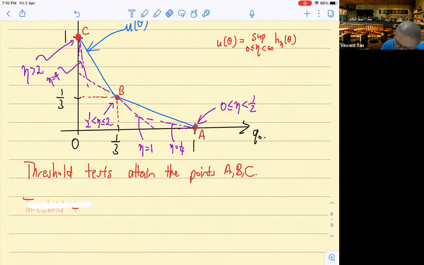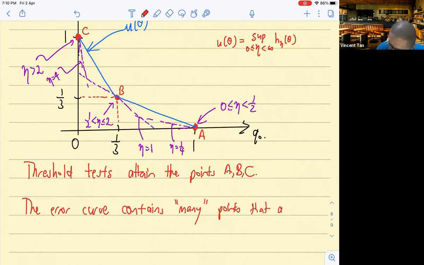So basically what I want to say is that the error curve actually contains many points that are not achieved by threshold tests.